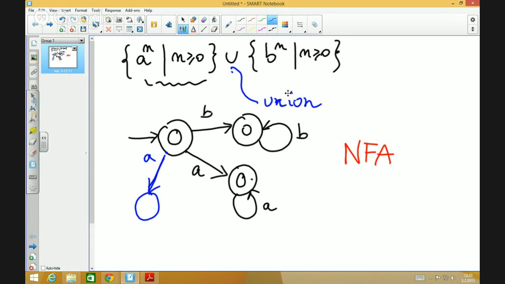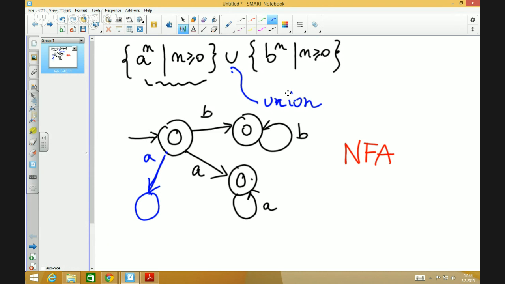Or in other words, if you want to be systematic, you just construct the tree of all the possible computations, and you will see that one of the branches of this tree that reads the A symbol leads to an accept state, and that's enough. If there is one way of doing it right, you will accept. Okay, that's an important point, and thanks for asking.